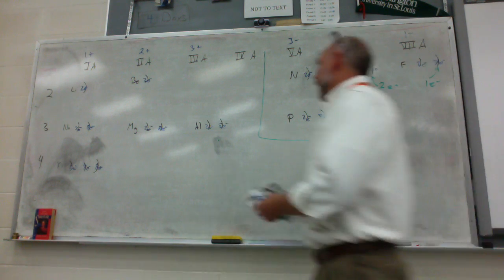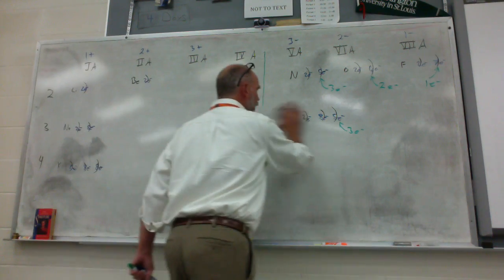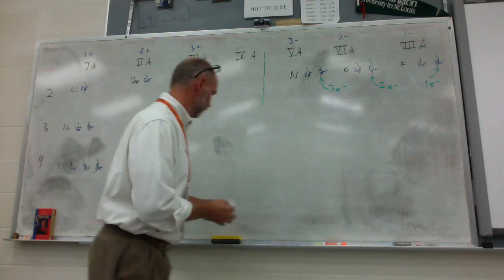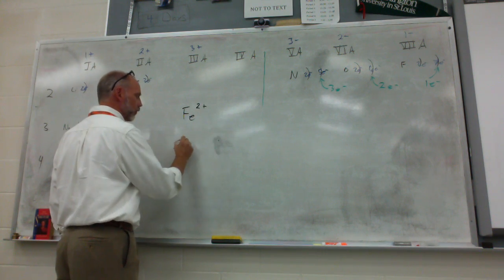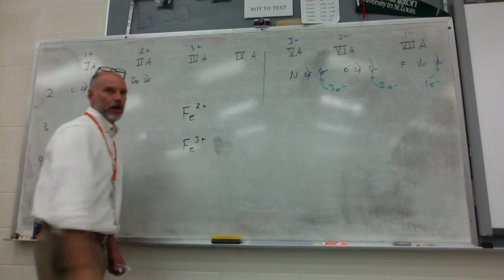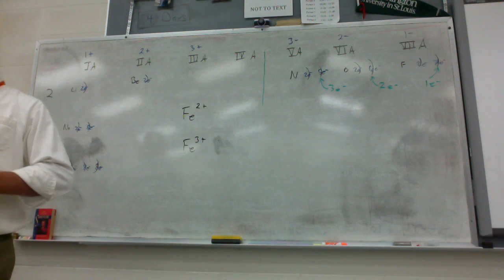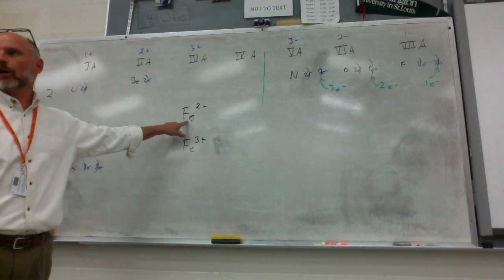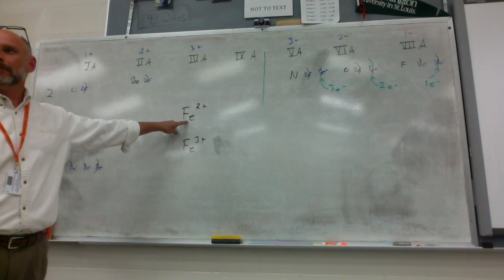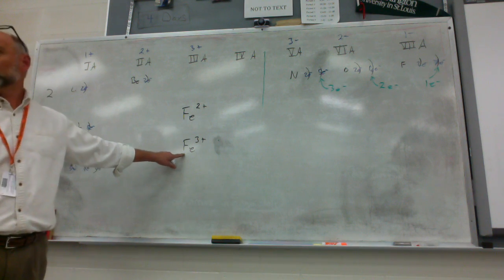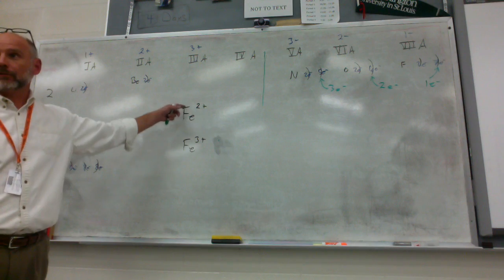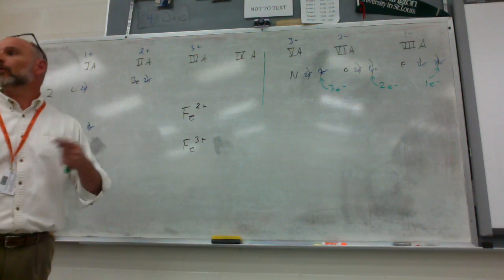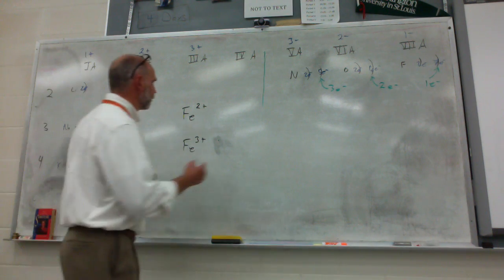Now, how are we going to know which iron is which? Well, iron forms either a 2 plus charge or a 3 plus charge. Up until about 8 seconds ago, what would you guys have called this ion? Iron. And what would you have called this ion? Iron. Okay, but you can clearly see there's a difference, right? So how are we going to distinguish that with the names?